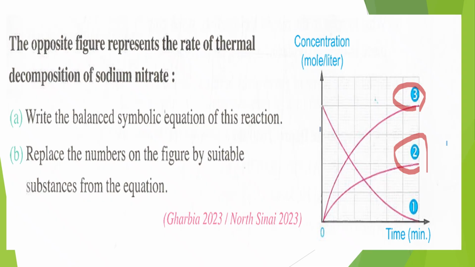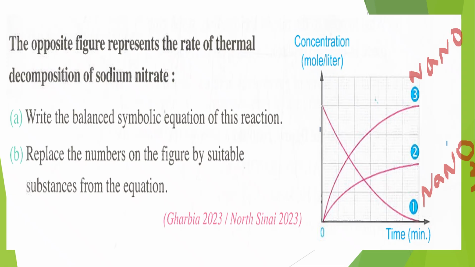So, from the previous equation, the one we just erased, number 1 was the reactant. Who is the reactant? It is NaNO3, which is sodium nitrate. For the products, we will have 2 molecules of sodium nitrite, NaNO2, and oxygen gas.